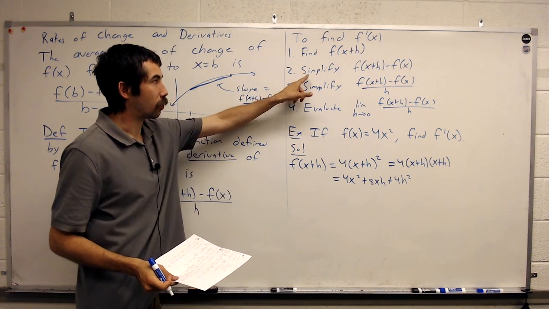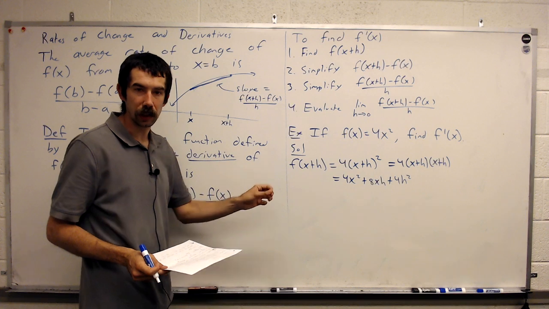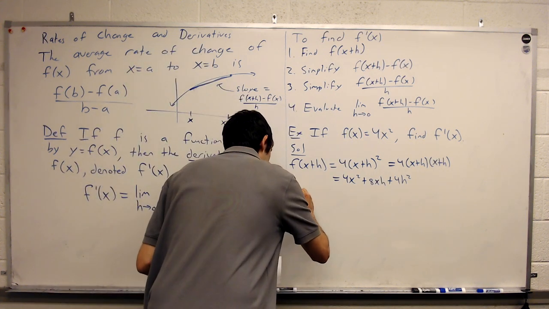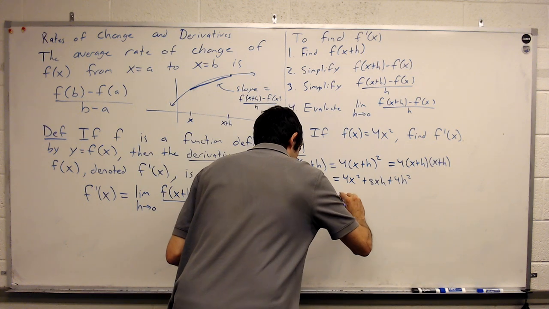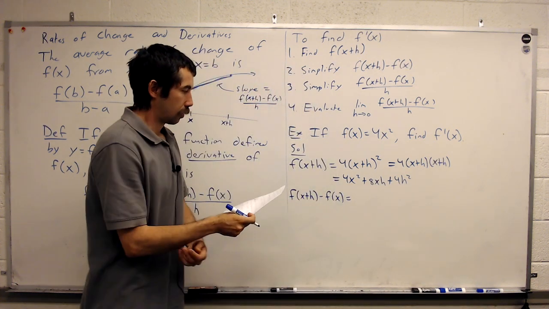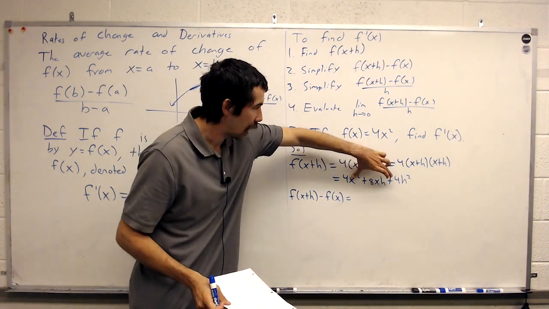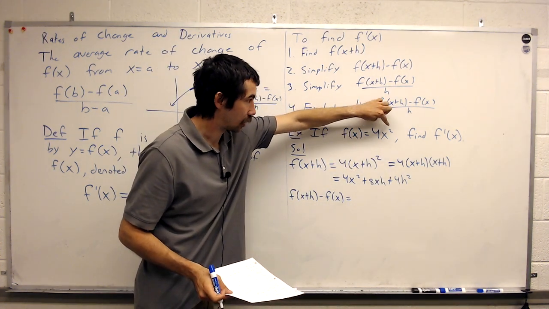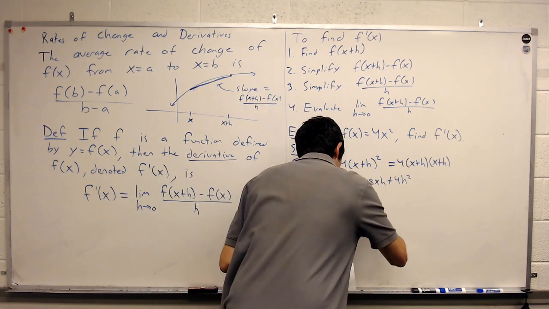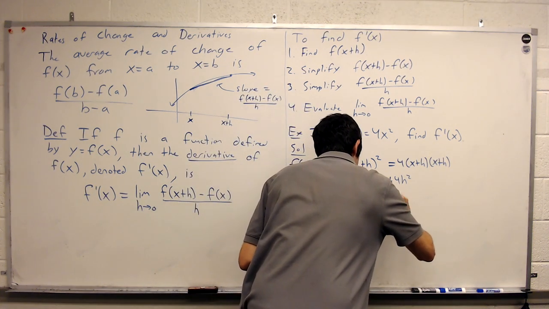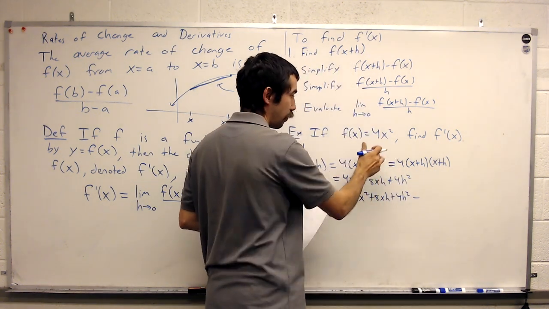OK, step 2, simplify what we just got minus the original function. OK, f of x plus h minus f of x. That's what we just got minus 4x squared. So 4x squared plus 8xh plus 4h squared minus our entire f function.